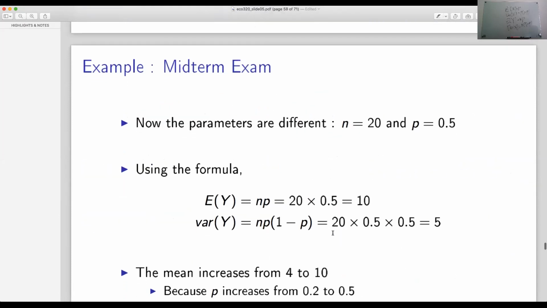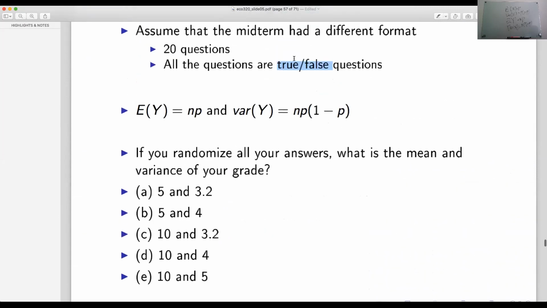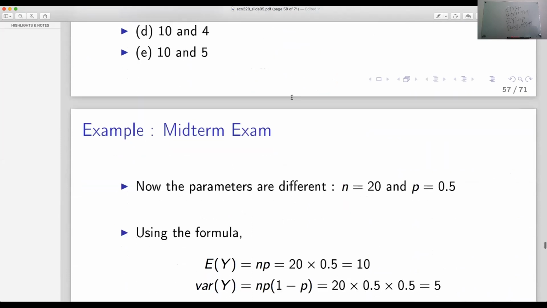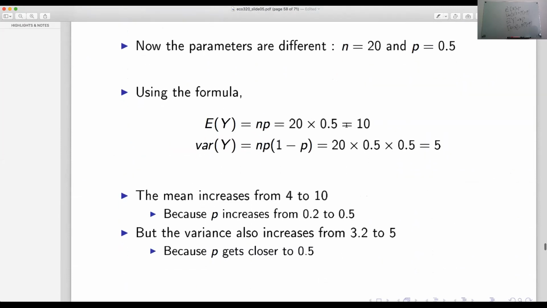The probability would be 0.5 instead of 0.2, and that is the only change in the formula. These are the mean and variance. So the mean increased from 4 to 10 because p increased, and the variance also increased because p gets close to 0.5.